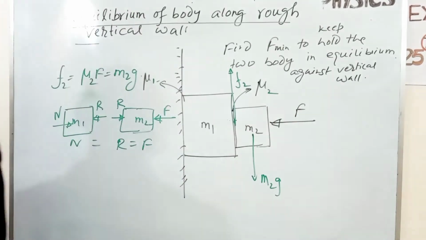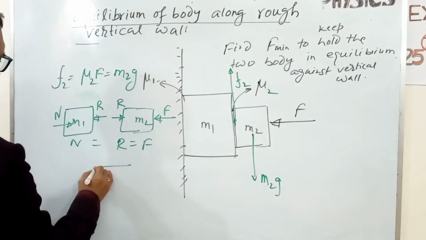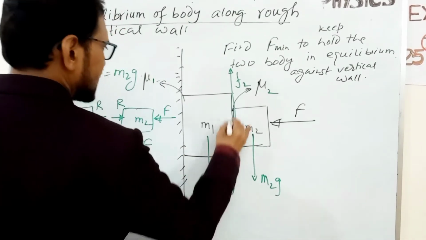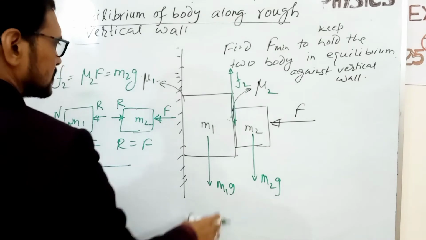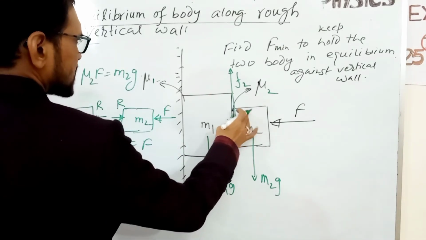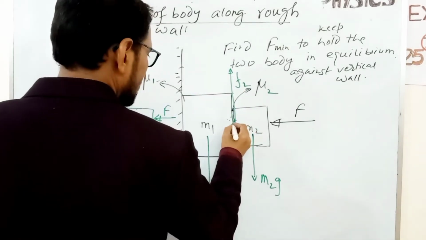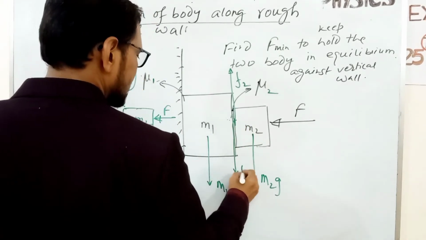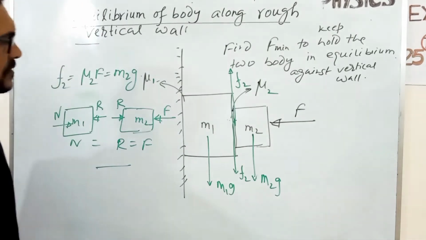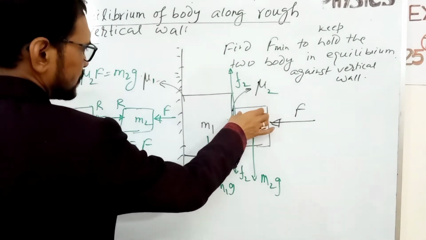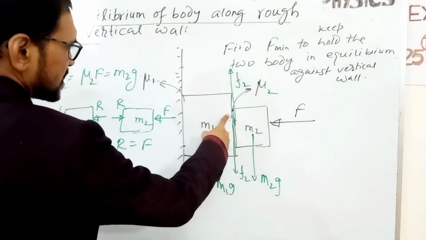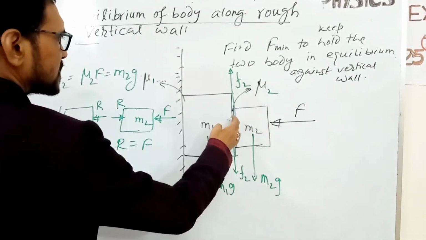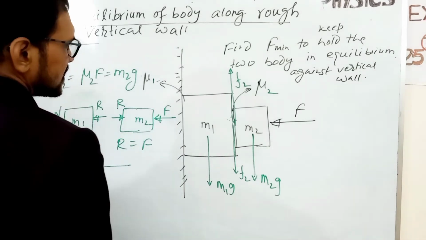F is the applied force. Now what are the different forces acting on M1? M1g acts in this direction, and the friction force. To hold the block, weight of the body acts in this direction, so the friction must act in the opposite direction.